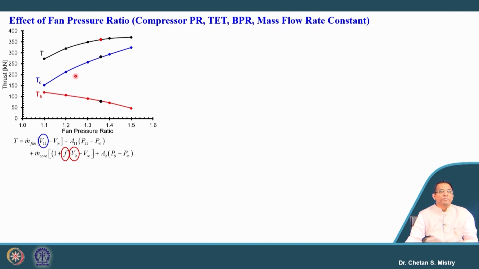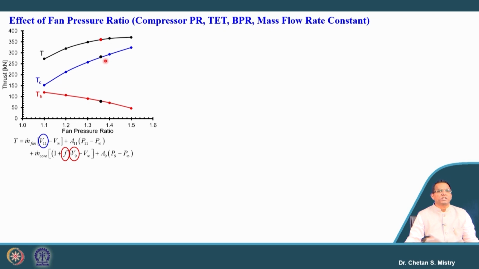At the same time, the hot thrust will reduce, because in order to rotate the fan and generate that pressure ratio, a large amount of work is required, and that leads to reduced enthalpy at the exit. That is the reason why the hot thrust reduces with the increase of fan pressure ratio.